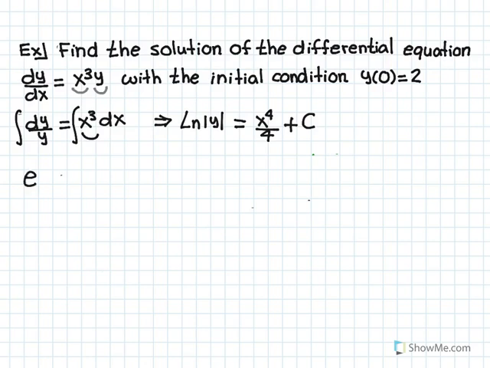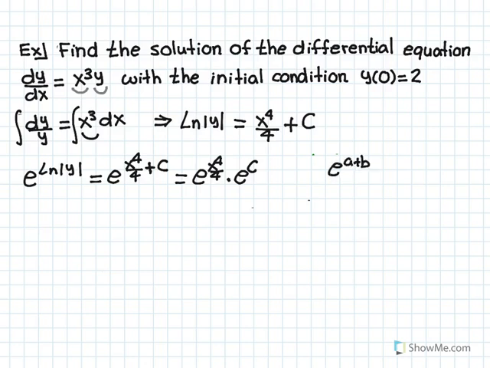So we get e to the log of y is equal to e to the x to the 4th over 4 plus c. Now let's rewrite this as e to the x to the 4th over 4 times e to the c. Notice the additive constant becomes multiplicative, and this has to do with the exponential law: e to the a plus b is equal to e to the a times e to the b.